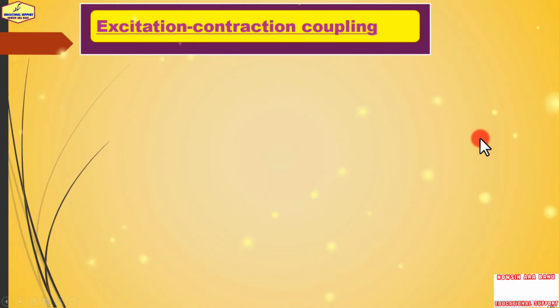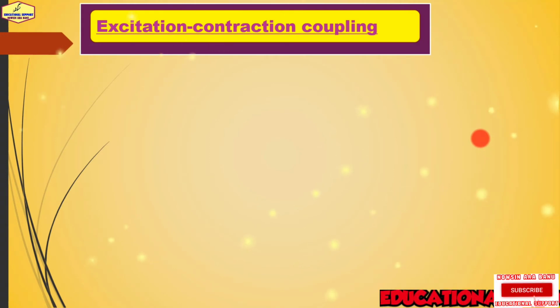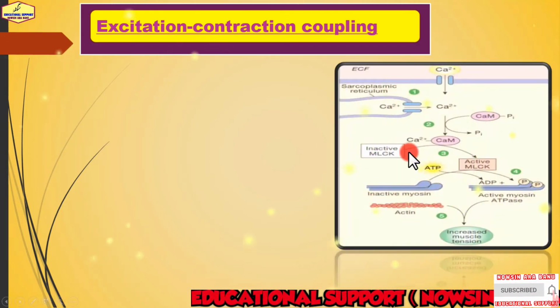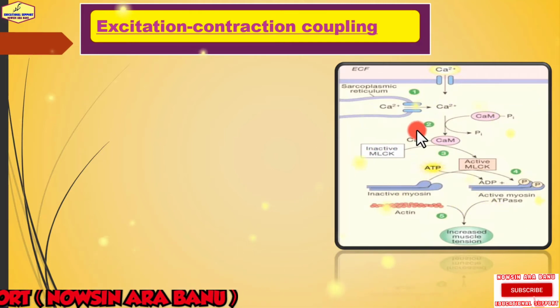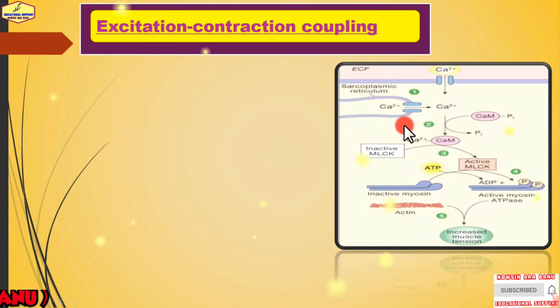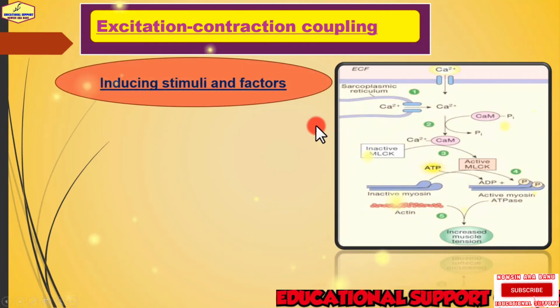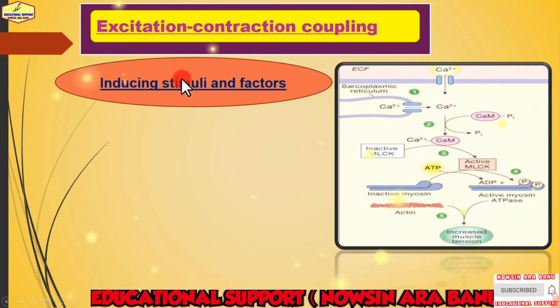Excitation contraction coupling. Smooth muscle is excited by external stimuli, which causes contraction. Each step is further detailed below. Inducing stimuli and factors.